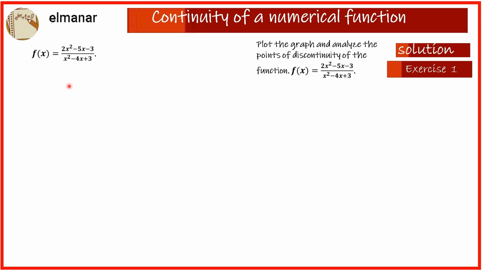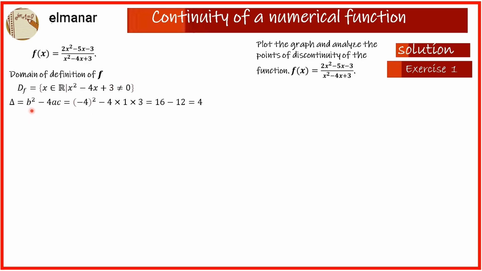What we want first is to find out for which values of x the function is defined. Why? Because you're not allowed to divide by 0. So we take the denominator and say x squared minus 4x plus 3 not equal to 0. Alright, let's bring out the discriminant.